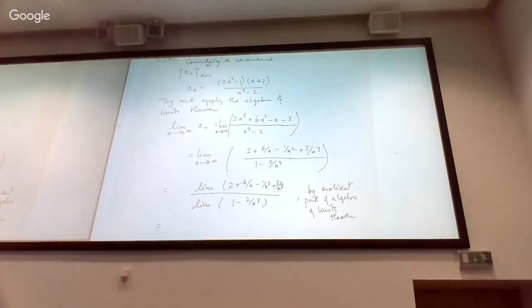Then each of those individual limits can be tackled with linear combinations, because the top bracket is a linear combination of terms, and the bottom bracket is the same.